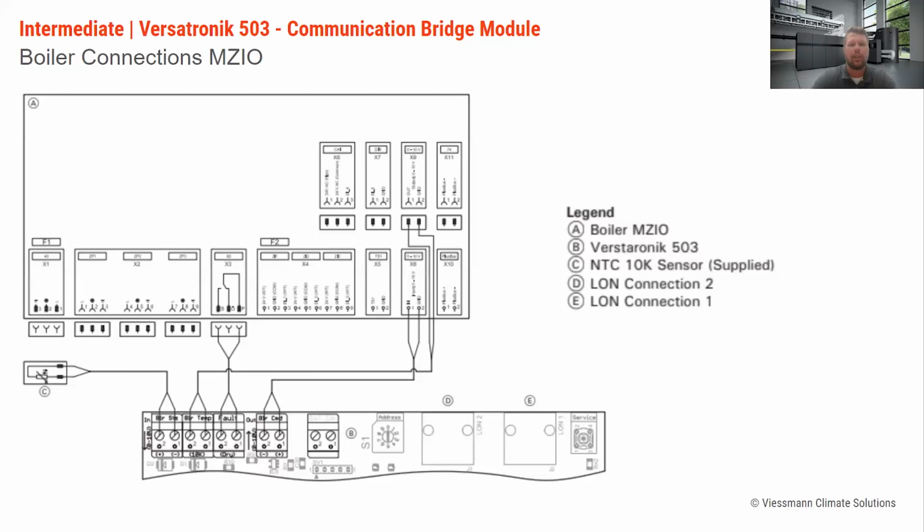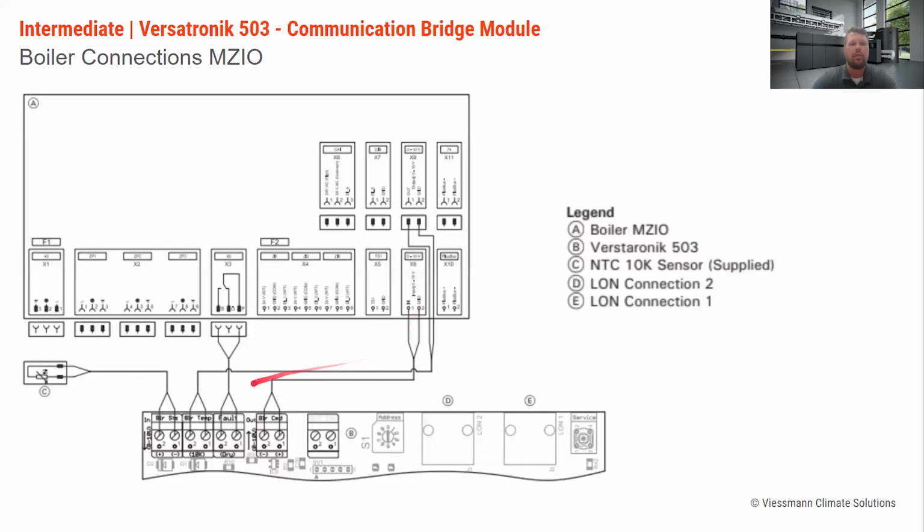Now, for the boiler connections, on the 200 series, whether that be the Vitodens or our CI2, they are both the 200 series. On the MZIO board, so this is where we're going to be doing most of our field wiring in the control anyways. This will be located right with that HMU, that heat management unit.